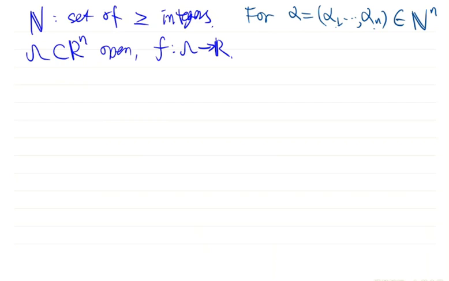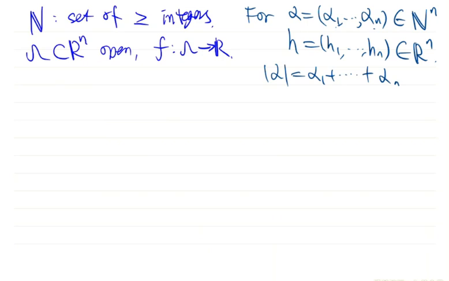Okay, and also h equals h1 through hn in Rn, we denote the length of alpha as alpha 1 plus through alpha n, and h to the alpha is h1 to the alpha 1, h2 to the alpha 2, through hn to the alpha n. This is the notation.